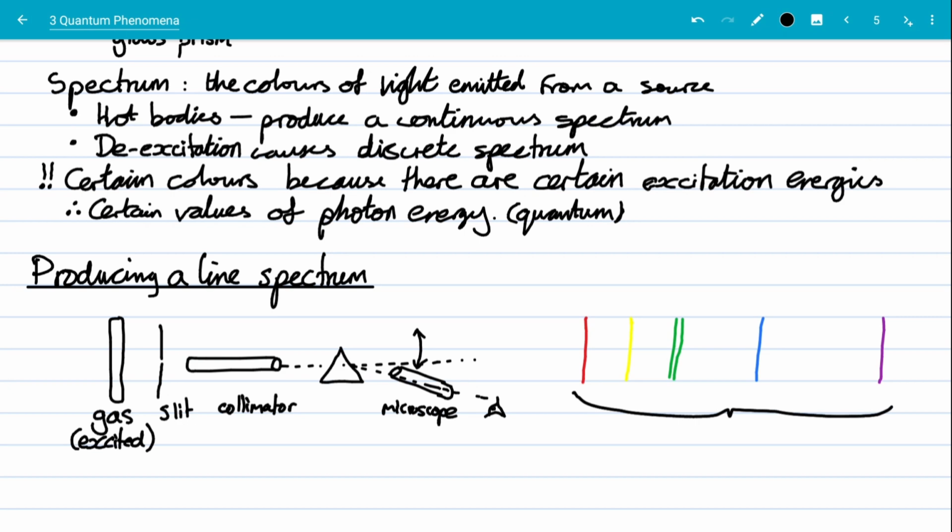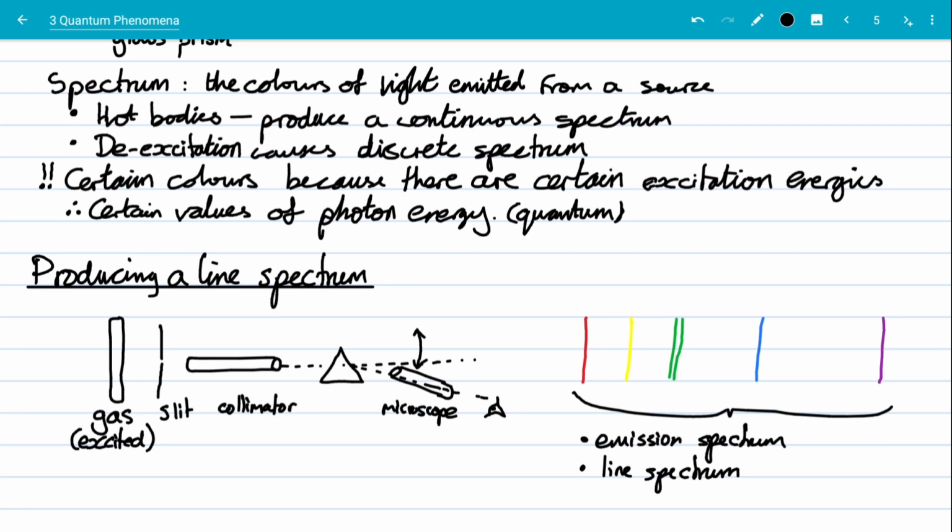So this is what's called an emission spectrum. It's called an emission spectrum because we're looking at the light that is emitted from an excited gas. And it is also called a line spectrum because it's a spectrum of lines. Now, there is something called an absorption spectrum, where if you shine white light through a gas, it can cause excitation at certain energies and scatter that light so that it's not traveling straight through.